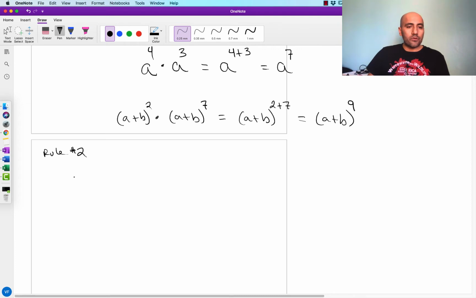Rule number 2 is that x to the power of m divided by x to the power of n is equal to x to the power of m minus n.